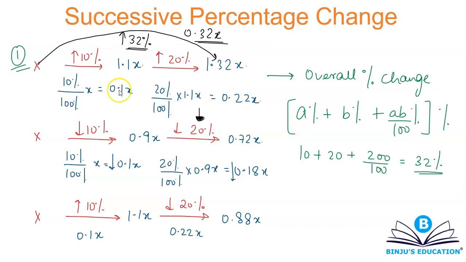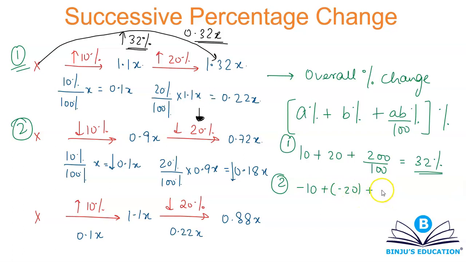Alright, so this is basically how this helps you. You can use this formula. Let's suppose I use this formula for the second one. This was for the first one. For the second one, this is decreasing by 10, so this is minus 10. Decreasing by 20, so plus minus 20.